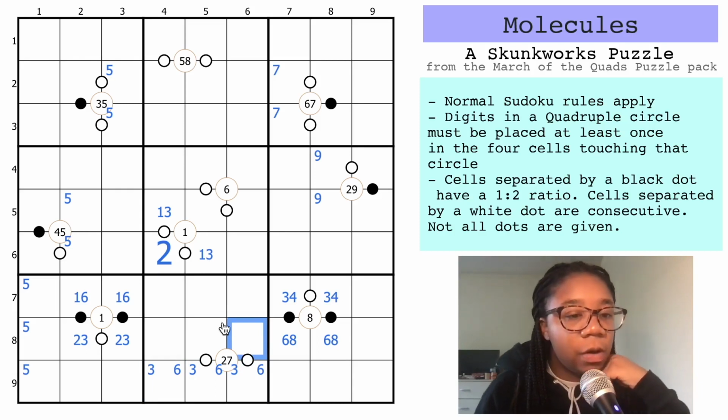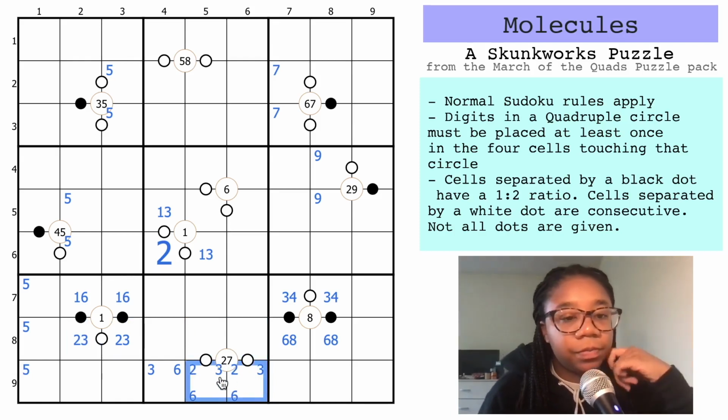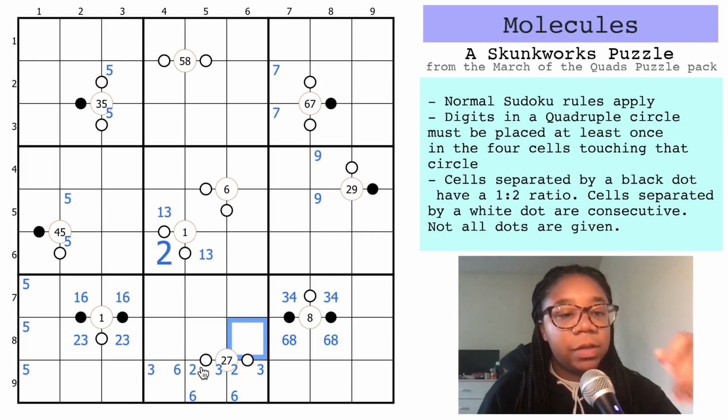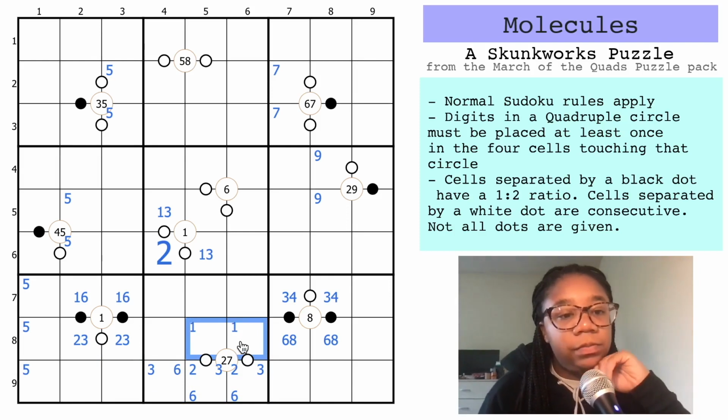Okay, I'm trying to figure out where I want to go next. I know that there has to be a 2 on this quad, so these 2s are looking over, meaning the 2 is on this side of the quad. And the digit that's consecutive with 2 is going to have to be 1 up here, because we know that the 3s are in this row, but I need a digit that's consecutive with 2, so a 1 will go on this side.